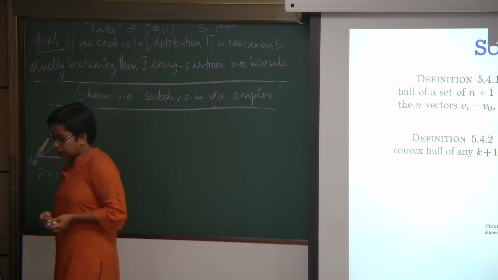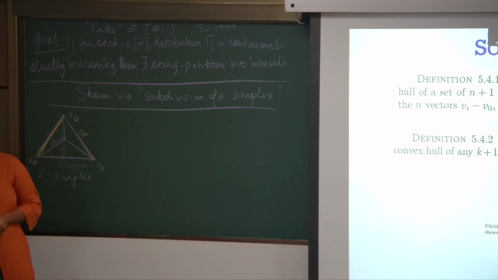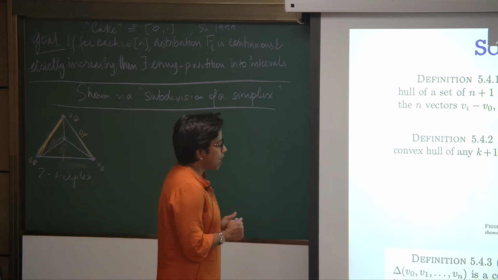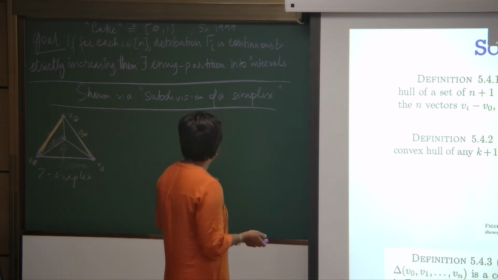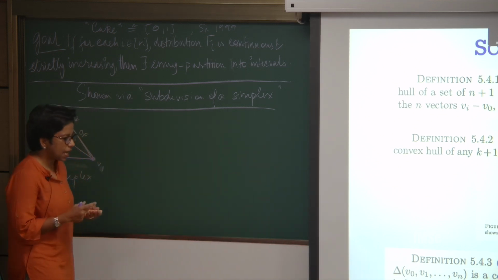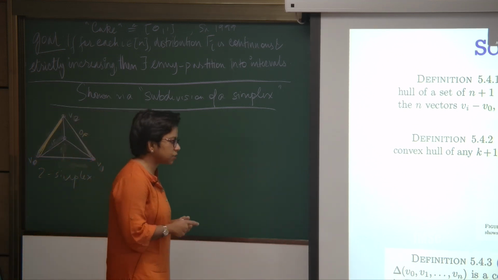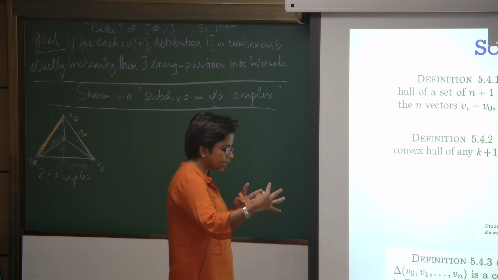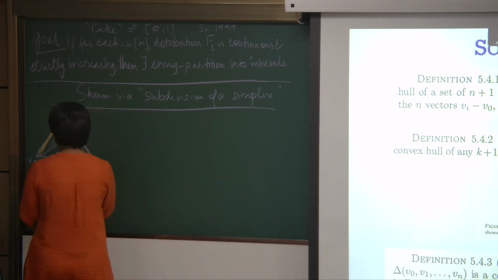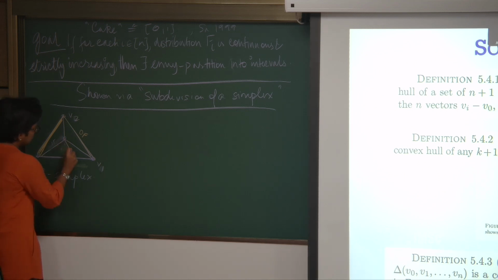Now, this is an important definition. A subdivision of a simplex is a collection of smaller simplices. It is still an n-simplex, but it is contained within the bigger simplex. So, within a triangle you can have smaller triangles, and notice these triangles can be weirdly constructed.